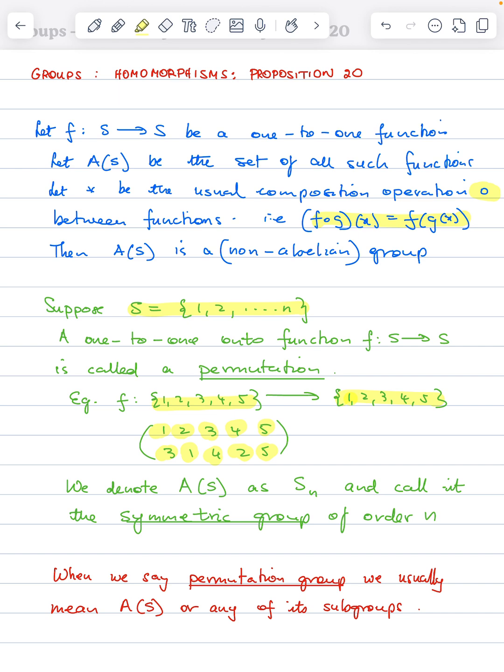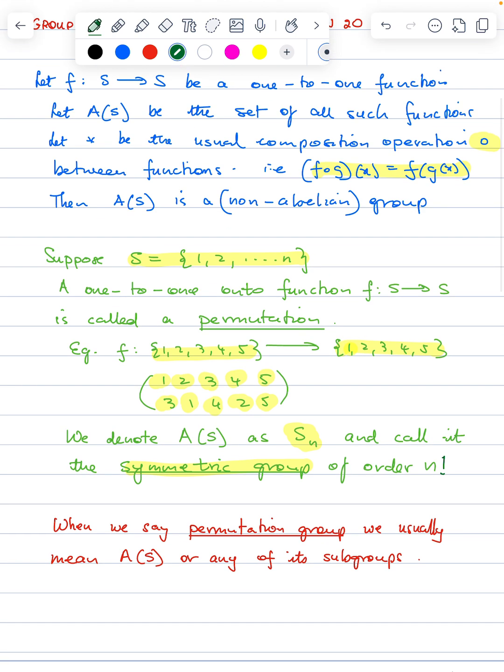So we denote A of S in this case as Sn, and call it the symmetric group of order n factorial. The size of this group is n factorial, the set of all permutations from n to n.